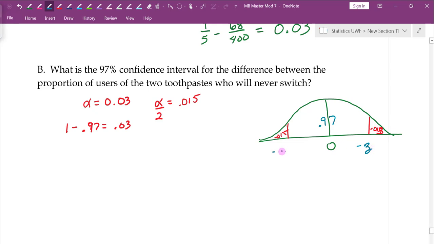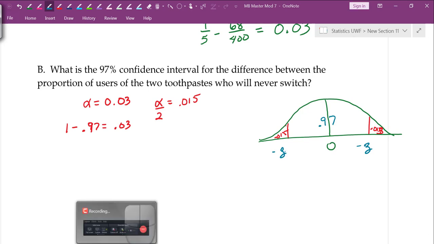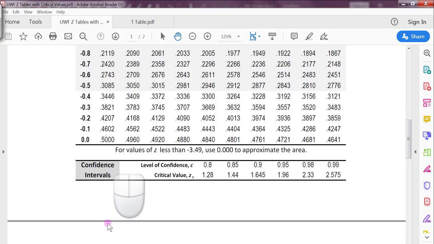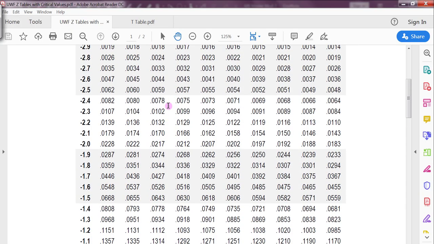So looking at our tables here, it's 0.015. We're going to come in here. We're going to find the area under the curve, which is 0.015. So we're looking, and we're looking. We're getting close in here. 0.015 right here.